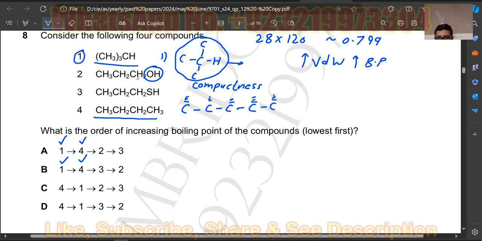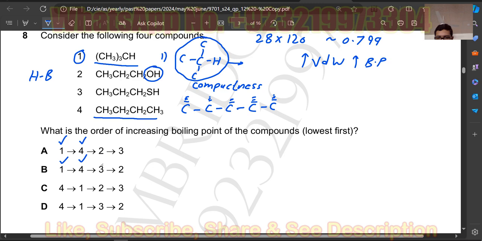And alcohol, as you know, the smaller molecules of alcohols can show hydrogen bonding. There is hydrogen bonding in the molecules of alcohol, and hydrogen bonding is the strongest type of intermolecular force. So we can say that this molecule should show the greatest boiling point value amongst all these four molecules.